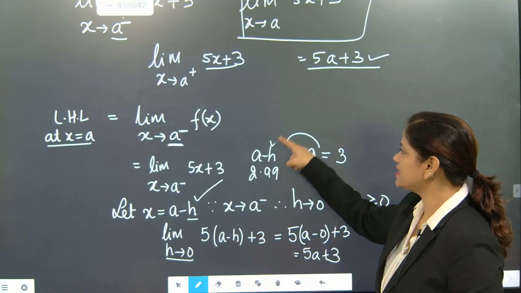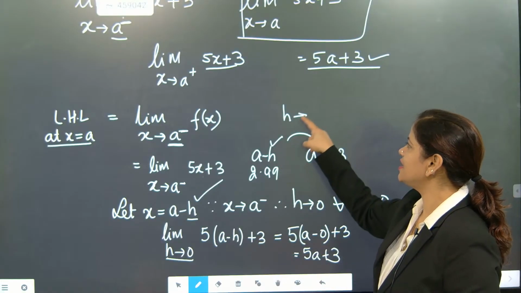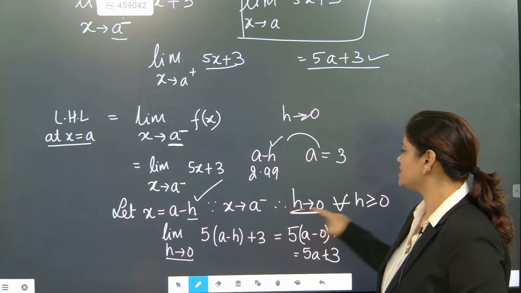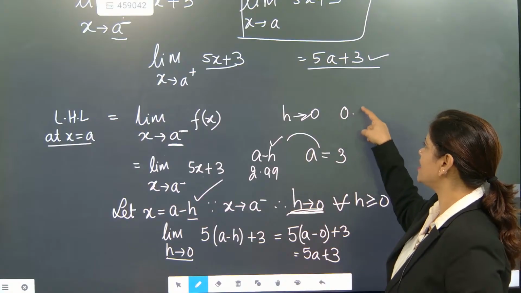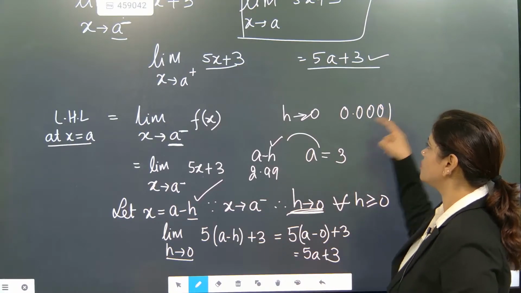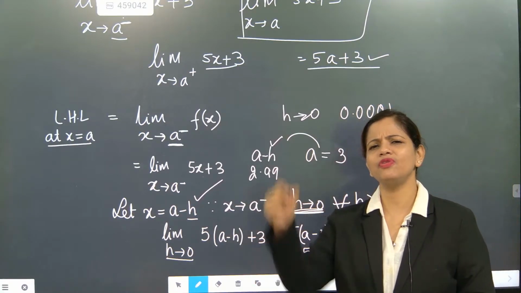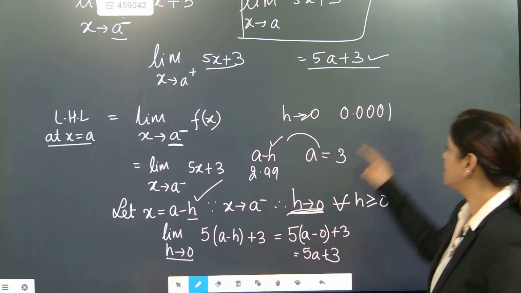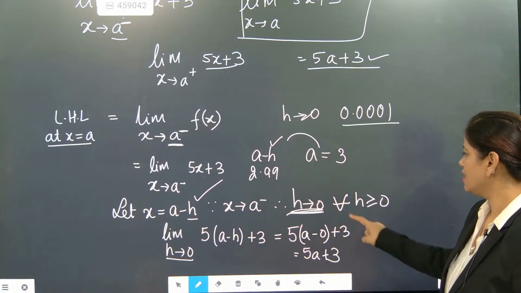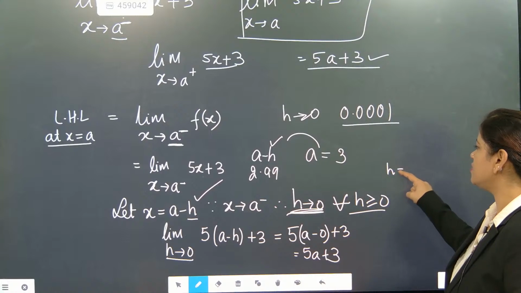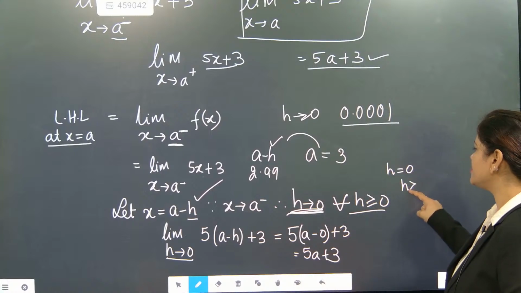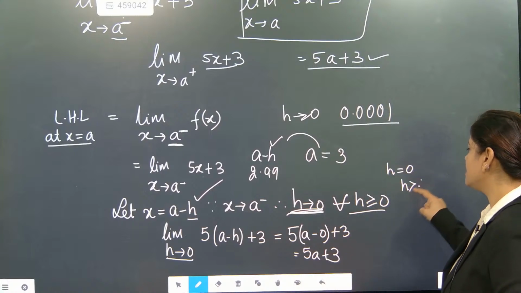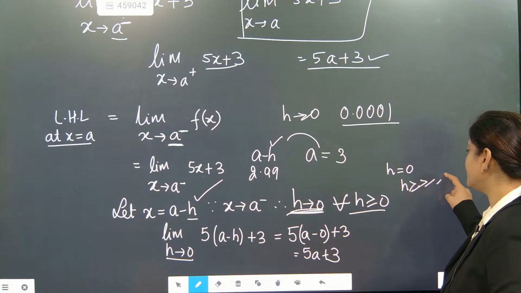Then what is this h? h is tending to 0. h tending to 0 means h can be 0.0001. That means h can be very small and near to 0. So h can be either equal to 0 or slightly greater than 0.